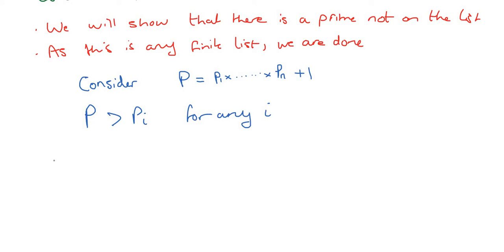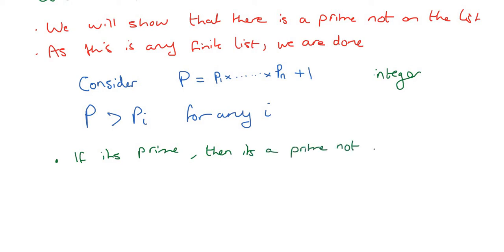Now we have two cases to consider. Any integer, and P is an integer, has two options. It can be prime or not prime. So if it's prime, that's P we're talking about, then it's a prime not on our list. So what have we done? We found a new prime not on our list. Okay?